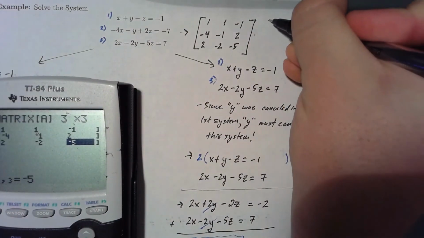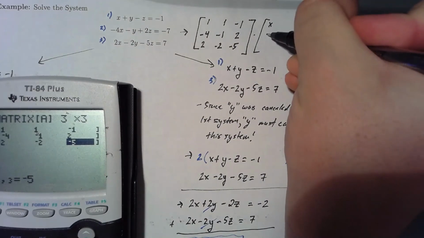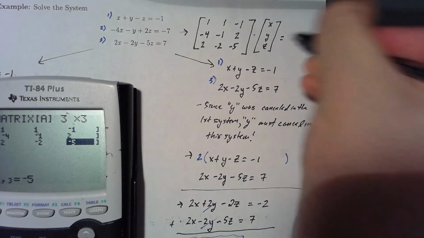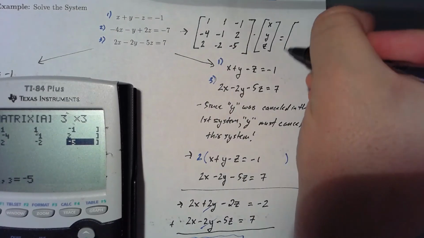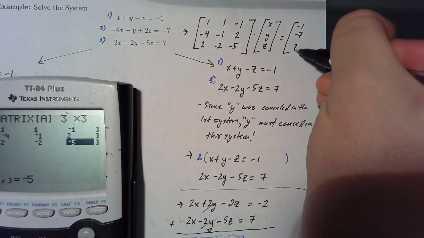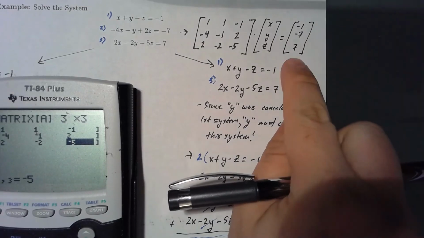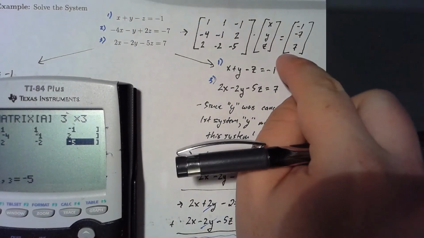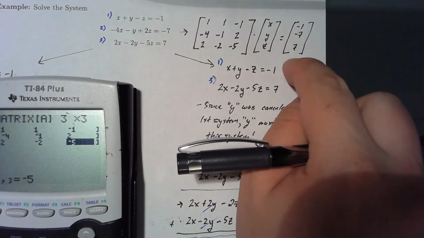This matrix is multiplied by the matrix x, y, z, which is the variables of these equations, and this equals the matrix negative 1, negative 7, and 7. This matrix is a 3x1 matrix because I have 3 rows and 1 column.